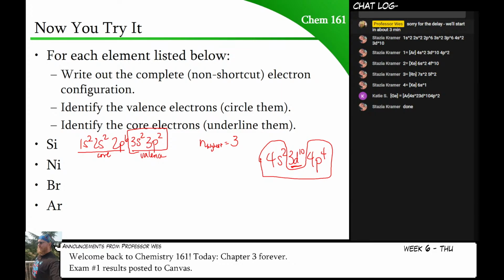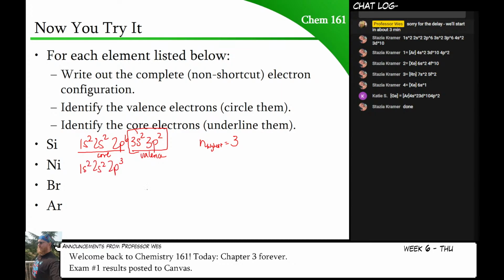All right, let's go over the answers here. So I'm going to do this on this sheet. Let me just clear this part over here. All right, so for nickel here, we have 1s2, 2s2, 2p6, 3s2.